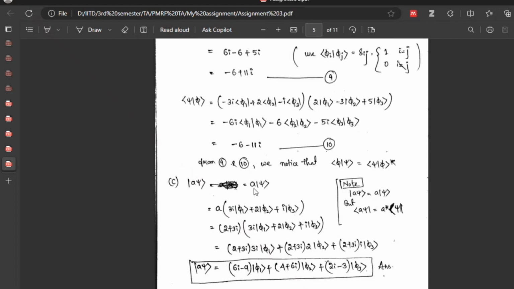So this is nothing but a times psi. Just put the constant value, which is 2 plus 3i, with the vector psi.